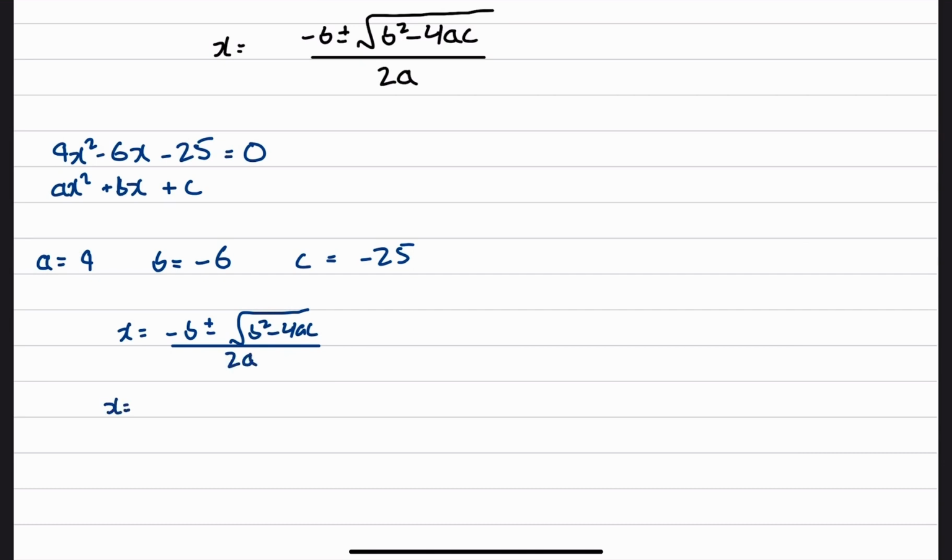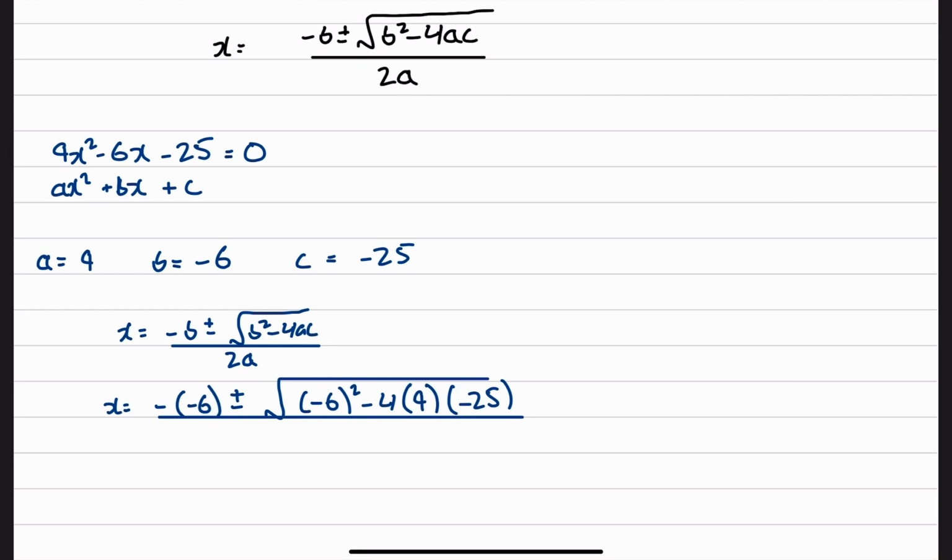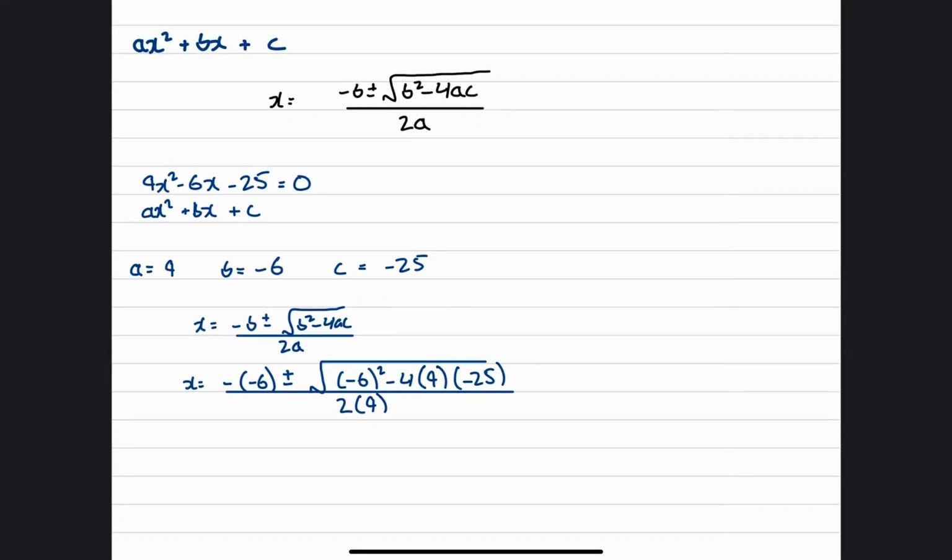So x will be minus b, which we know to be minus 6, plus minus under root b, which is minus 6 whole squared, minus 4 times a, which is 9, times c, which is minus 25, over 2a, which is 2 times 9.